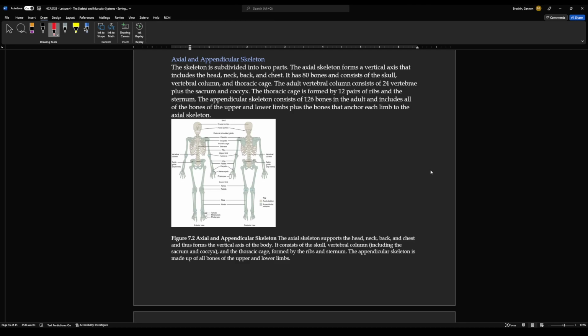Okay? Everything else outside of that is considered appendicular. So our scapula, everything in our arms, our pelvic bones, except for the sacrum, because again, the sacrum is considered part of the pelvis, but it's axial, and then our legs.